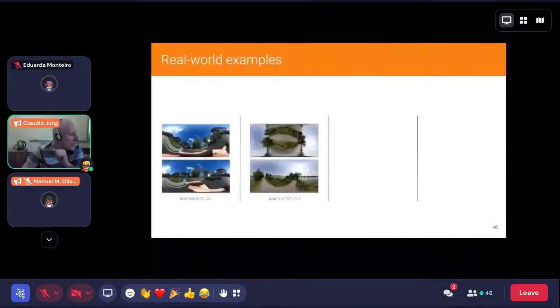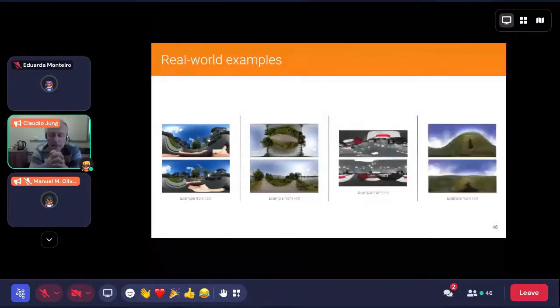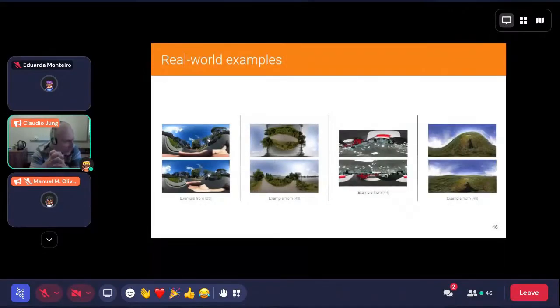So here we have some examples of different upright alignment or gravity alignment methods, and the input images are the ones on the top, and the upright corrected images are the ones at the bottom. I mean, these are mostly nice results.